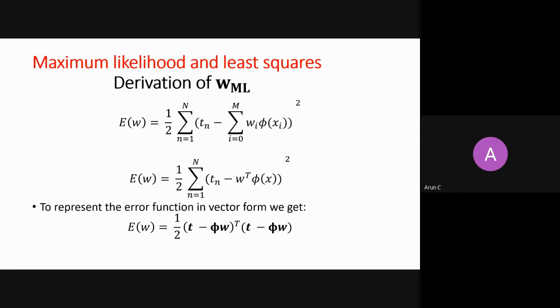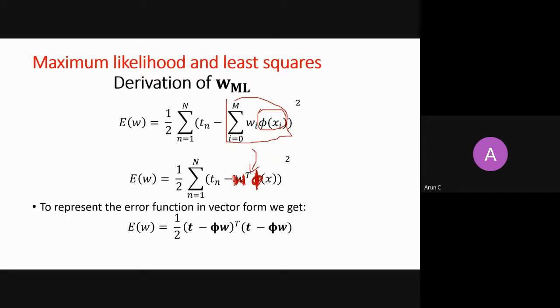You know, this was your error function, the sum of square error. I have used a basis function, and because it is a transpose, I can rewrite this form as W transpose phi x. My fault, this phi is nothing but a vector, right? I will clear it. So this is a vector, W transpose, and it is also a vector, so it should be bold as per my notation convention on the PPT.